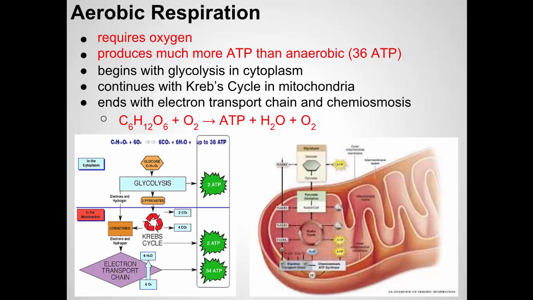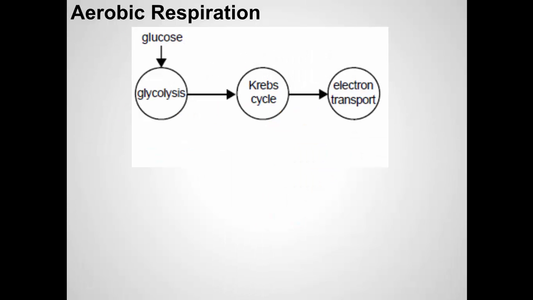And we'll look at those steps in some more detail. So, at the very base, we have glucose, goes through the process of glycolysis. The products are sent into the Krebs cycle. The products of that are sent to the electron transport chain to make ATP.